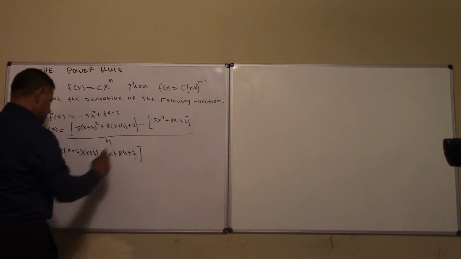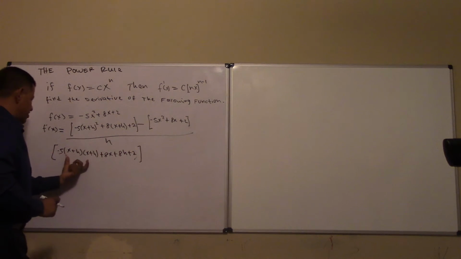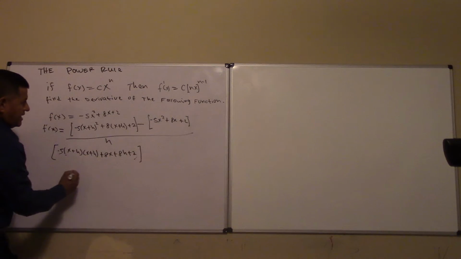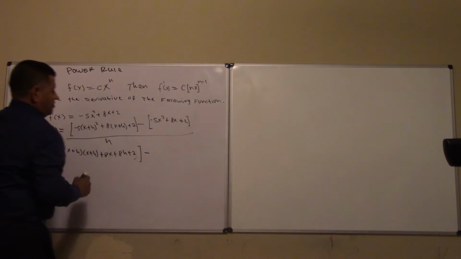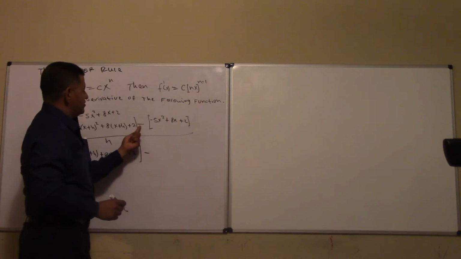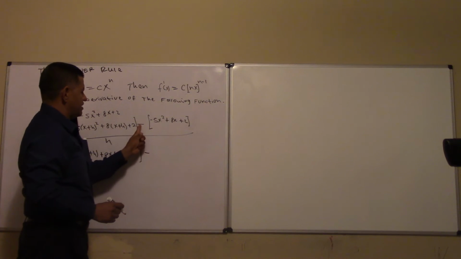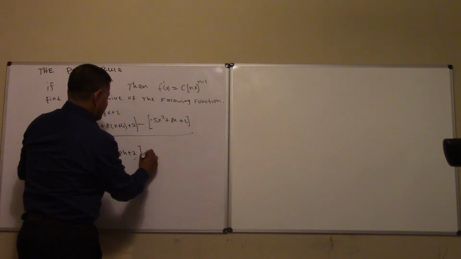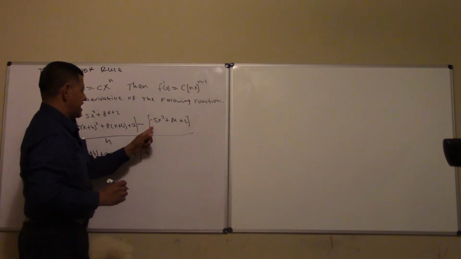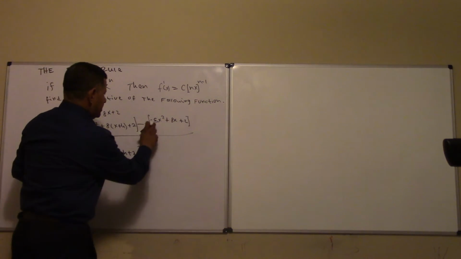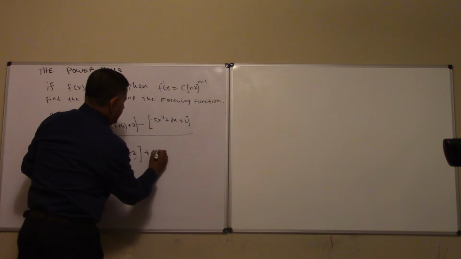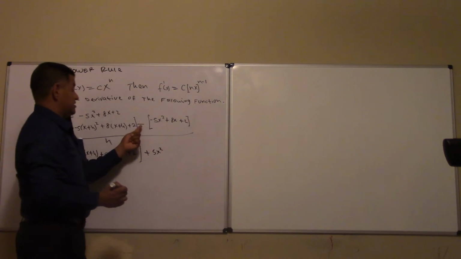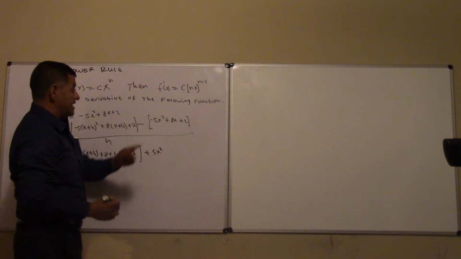Now I am distributing this, but at the same time I have to distribute that sign across. If I distribute that, this becomes a positive, so this 5 becomes 5x squared, because a negative times a negative gives you a positive.